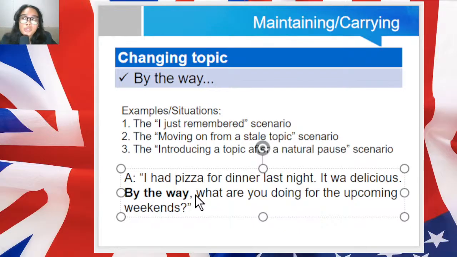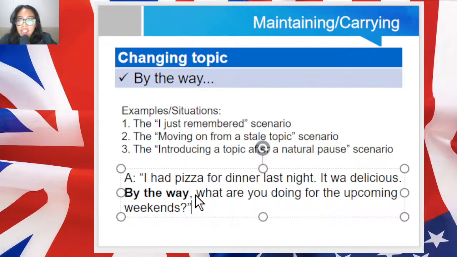In this case, you can shift from one topic to another, especially if you notice that the conversation is not continuing, it is almost ending. You can change the topic so that the conversation can still flow.